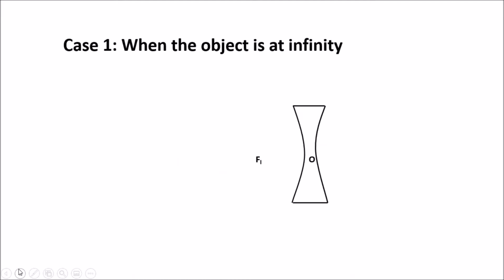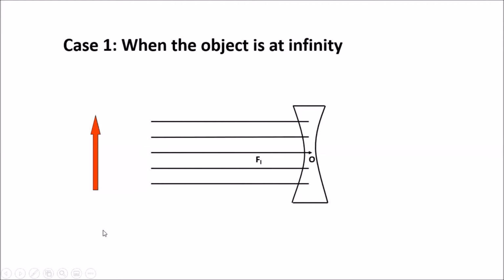So let's begin with case one, when the object is at infinity. First thing we need to draw is the basics, which is drawing a concave lens, optical center, and focal length from O to F1, or focus from O, at a suitable distance. When we keep the object at infinity, the rays will come parallel.